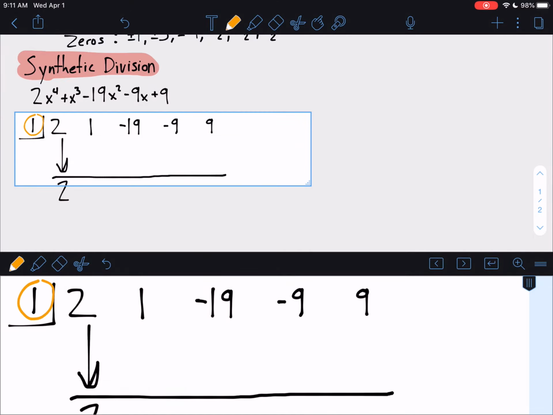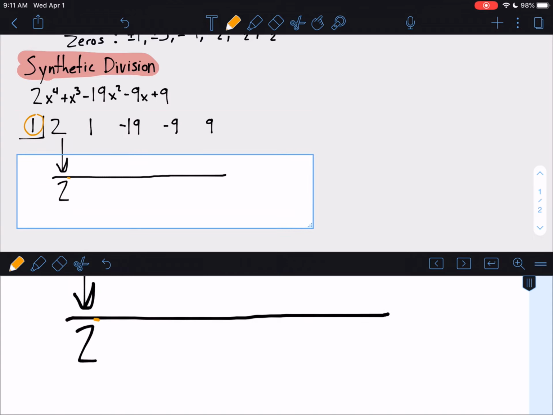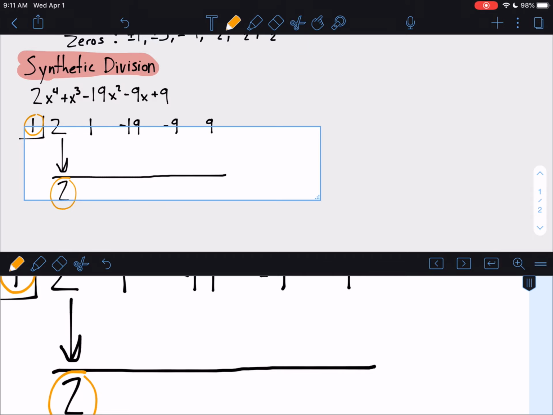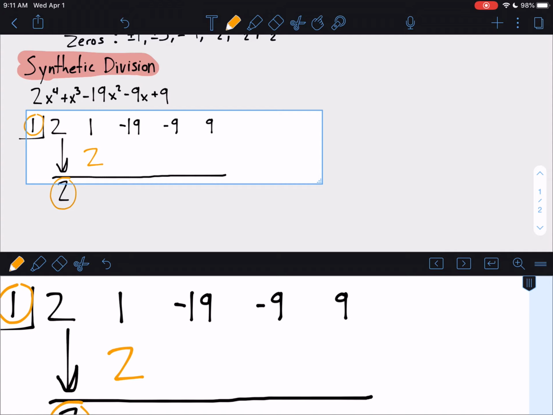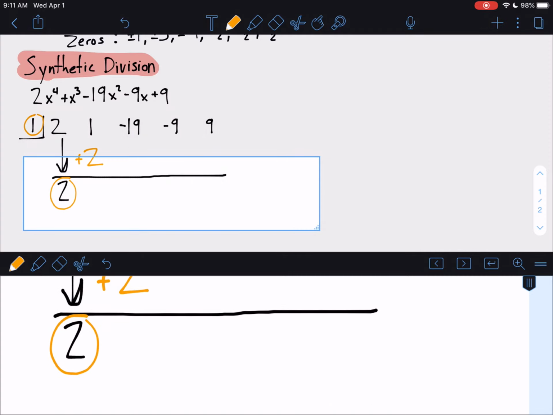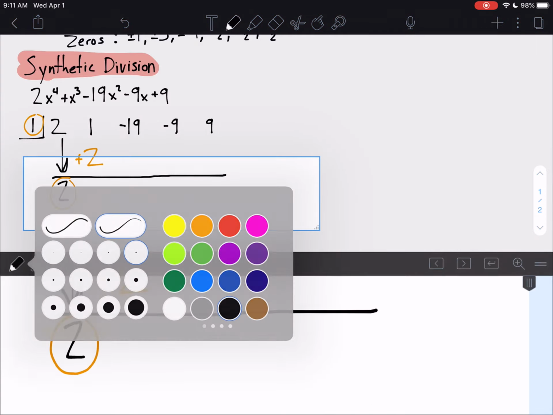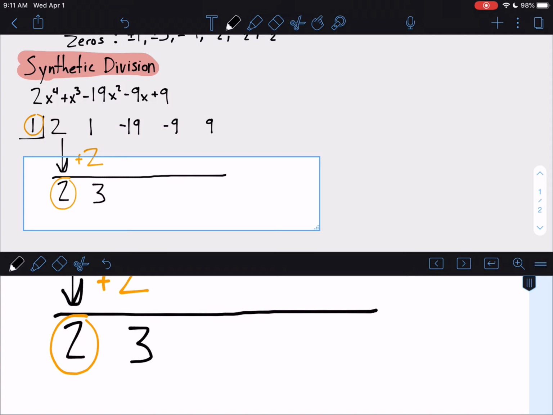So 1 times 2 gives me positive 2. And now I'm going to do 1 plus 2 because I have a 1 up there. That equals 3.